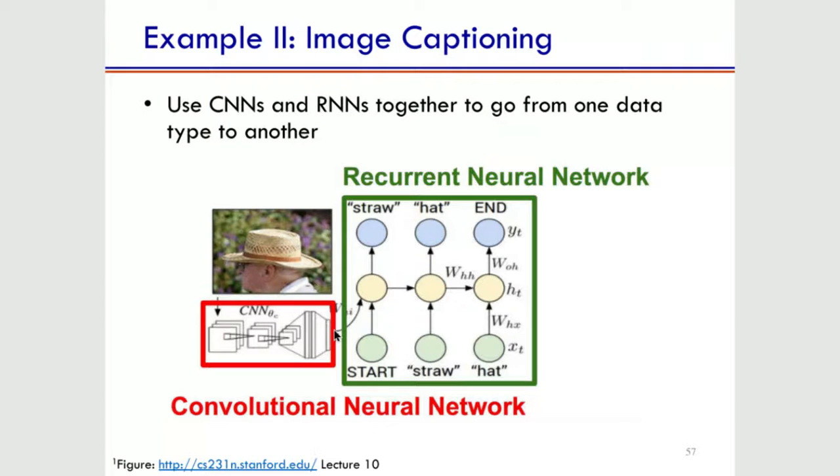You do that as an input, and then train the RNN in a language model style, where the start implies you need to output straw. That's in the training data, and if it's straw, then you have to output hat, and then hat is followed by end. So this is the training data. Given the training data, you want to change the weights of the RNN cells.